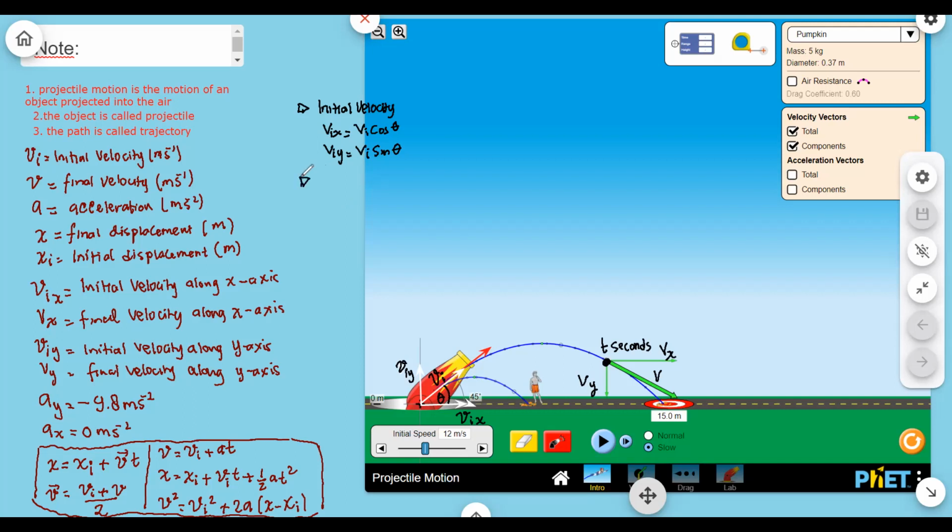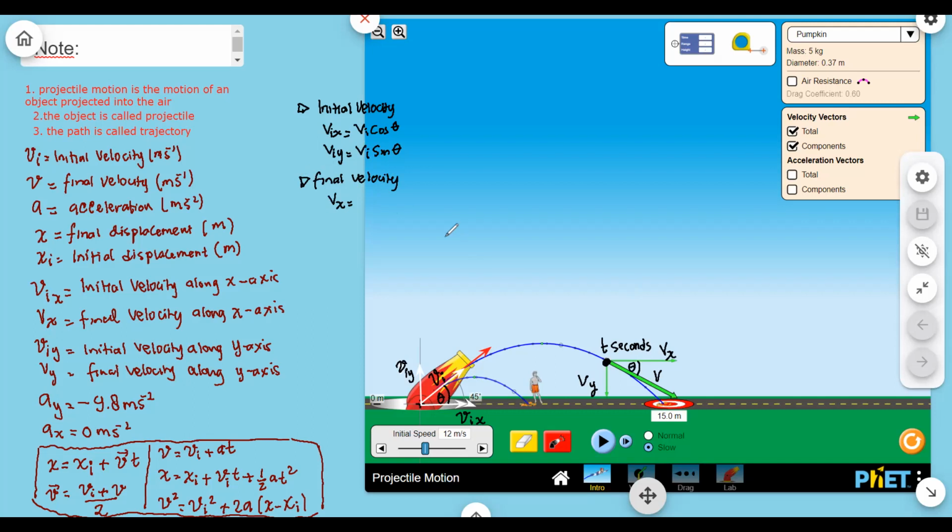For the final velocity, we also try to resolve the motion into the horizontal and vertical components along the x and y axis. So Vx equals to... the angle depends on this. So this is the angle.